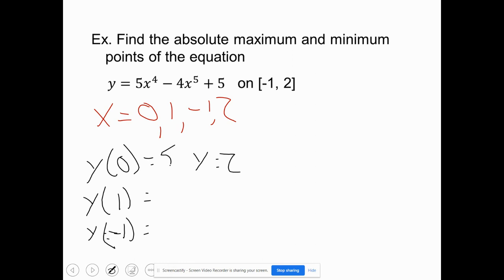If you plug 0 into the original function, you'll get a 5 back. That means the point (0, 5) is a point on the graph. If you plug 1 in there, you'll get a 6 back. If you plug -1 in, you get 14 back. And if you plug 2 in there, you get -43.